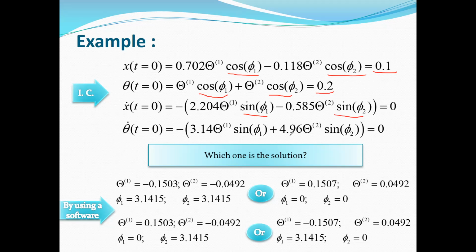So the main application of the mode shapes is there, and also we can find out what the configuration of the system is when it is excited with, for example, the first natural frequency or second natural frequency.